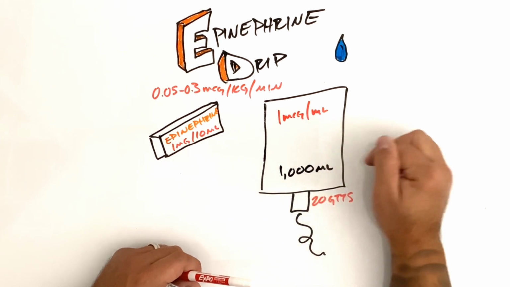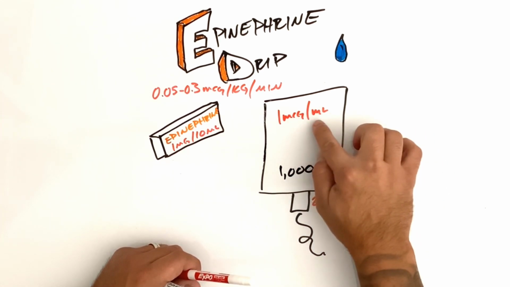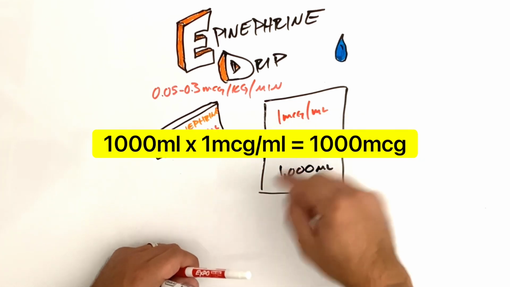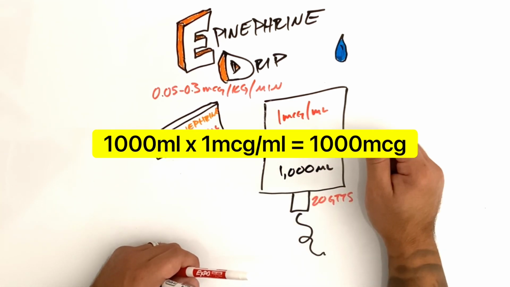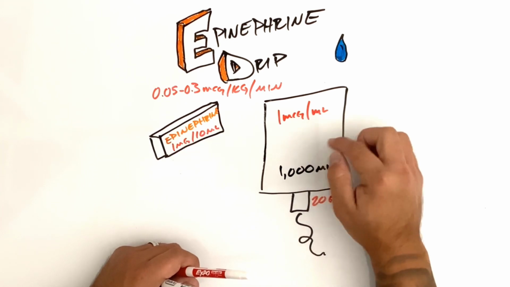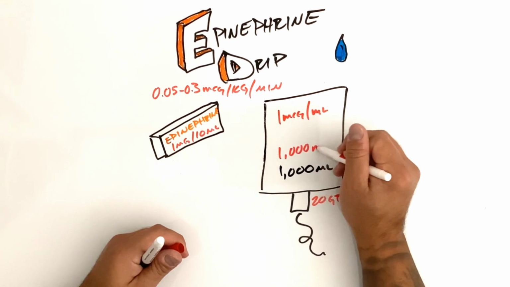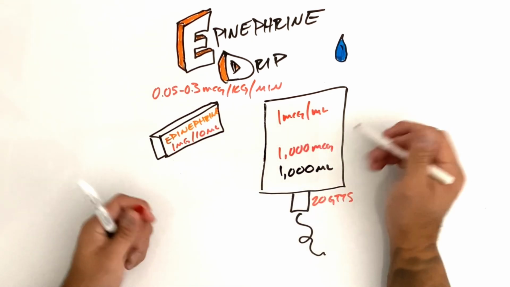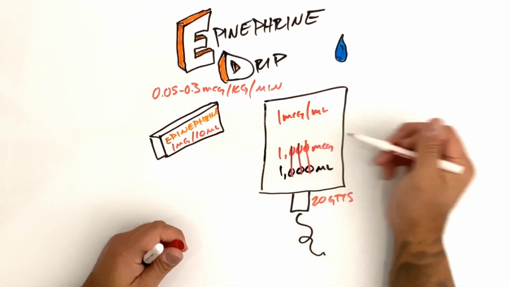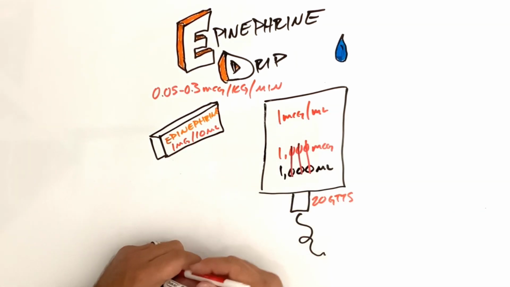If I have a 1,000 mL bag of normal saline and 1 microgram for every mL, all I have to do is multiply, and I know that 1 microgram for every mL is 1,000 micrograms in my bag. And all you have to do is divide it, take away the zeros to confirm it, so 1 microgram for every mL.